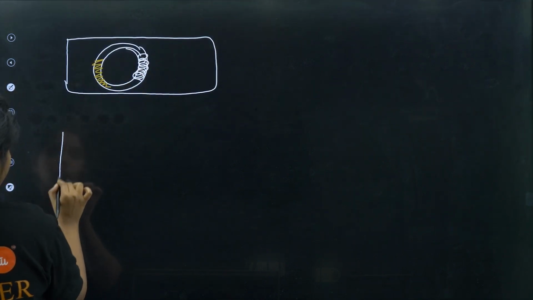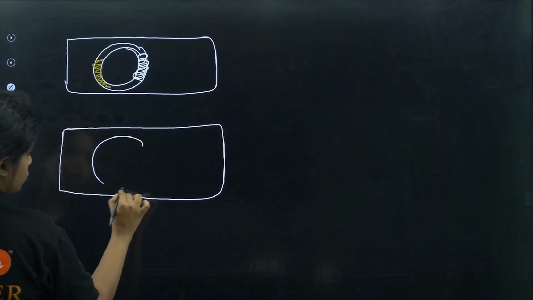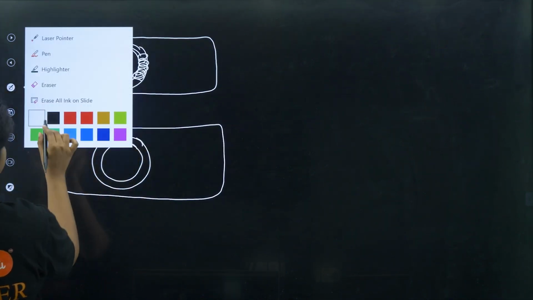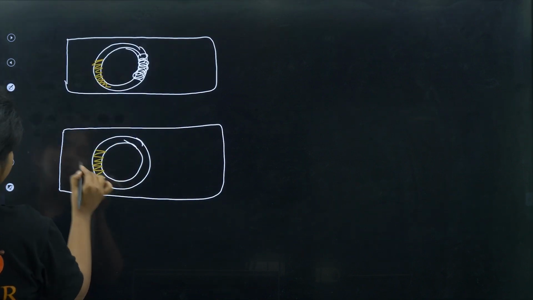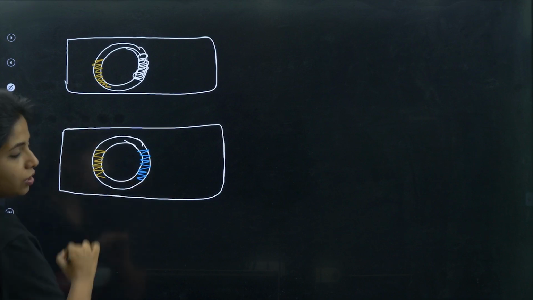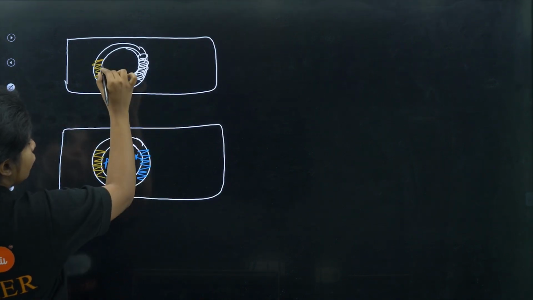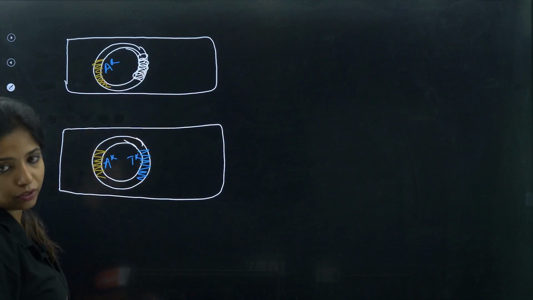Okay, then there is a host which has the plasmid that has both the ampicillin resistant gene and also the tetracycline resistant gene. So I am writing A resistant and T resistant. Over here is just A resistant and this is the gene of interest.